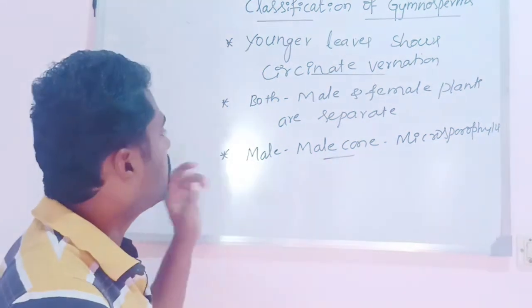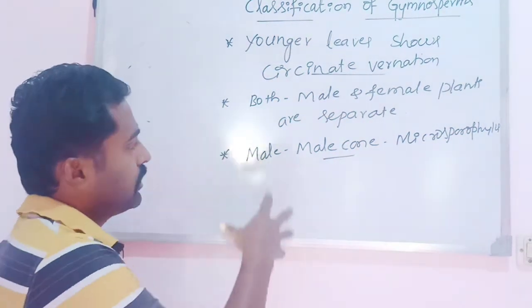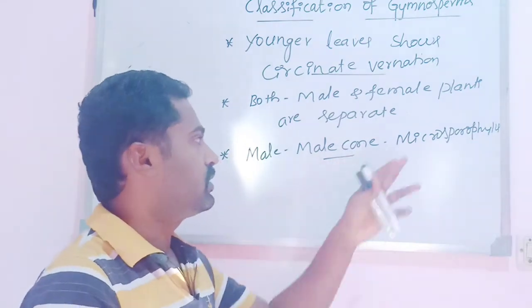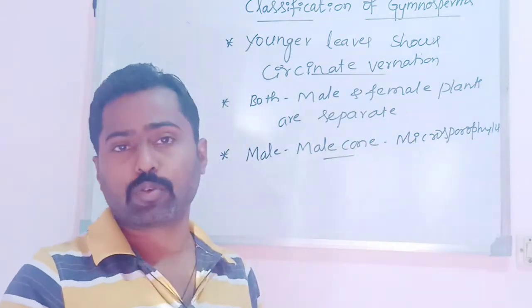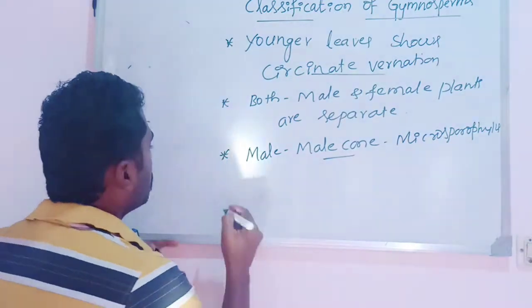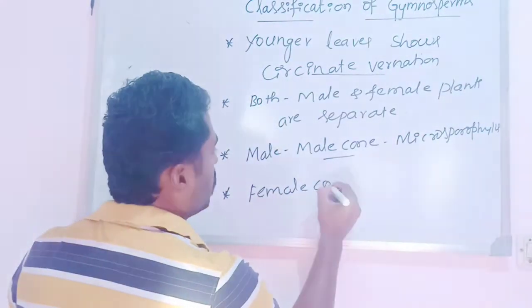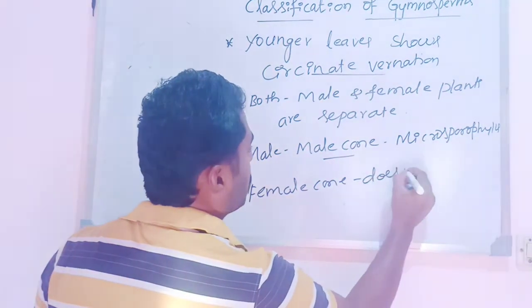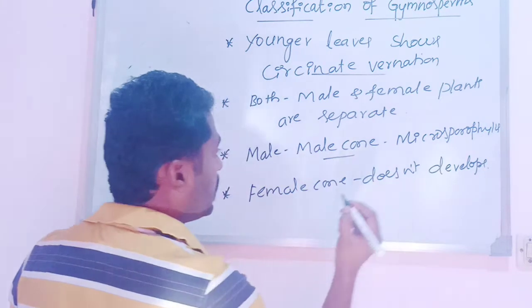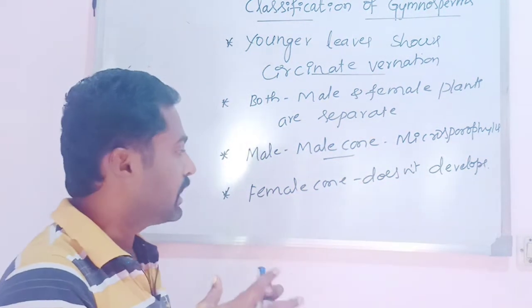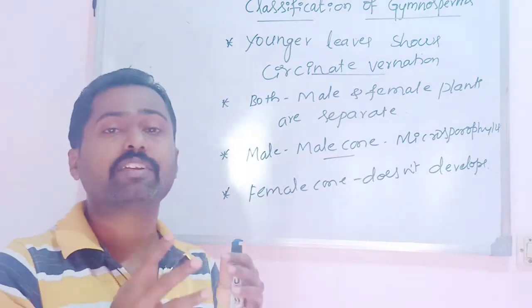See here, in the case of Cycas, the male cone develops by the aggregation of the microsporophylls. But the female cone doesn't develop, because the megasporophylls are not compactly arranged or aggregated to form a cone; they are freely arranged.